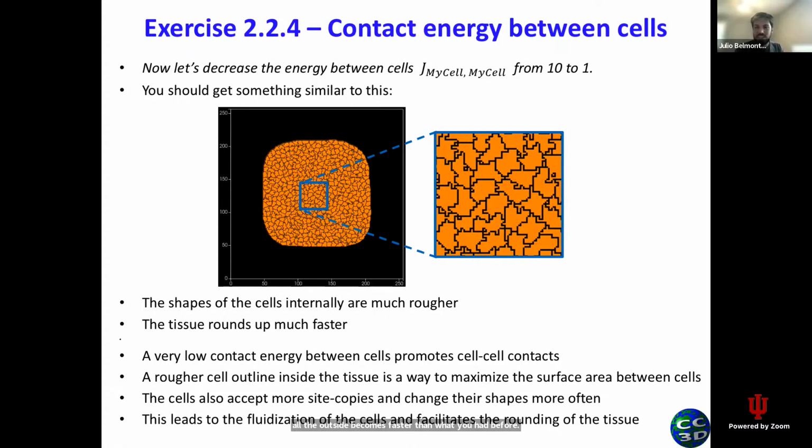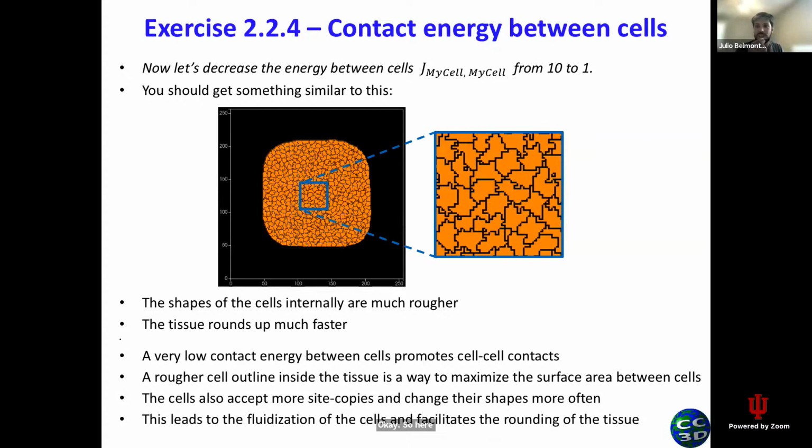Does that make sense? So before, when you have the cell energy at 10, the cells want to become round, right? So they become a little bit more stiff inside the bulk. So it's harder to minimize the energy that cells have in the medium. Now that the energy between the cells is very low, the cells become more fluid-like inside. And as a consequence, the external rounding of the tissue becomes much easier, because you're rounding something that is fluid instead of rounding something that's more glassy-like, okay?